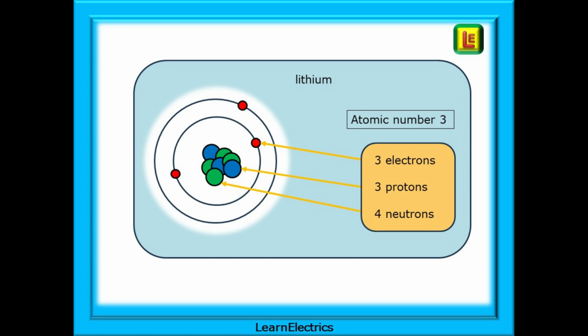Notice that the number of protons, the positively charged particles, is always matched with the same number of electrons, the negatively charged particles. 3 protons, atomic number 3. The number of neutrons does not have to match the atomic number, and this is where we get isotopes from.